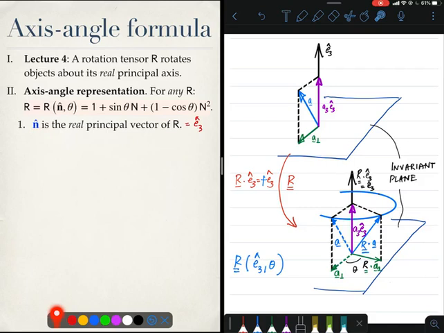So this is the same as this representation over here, and capital N is the antisymmetric tensor associated with the vector small n, which, if you remember, has the property that for any vector b, the cross product of n with b is the same as the operation of capital N on b.